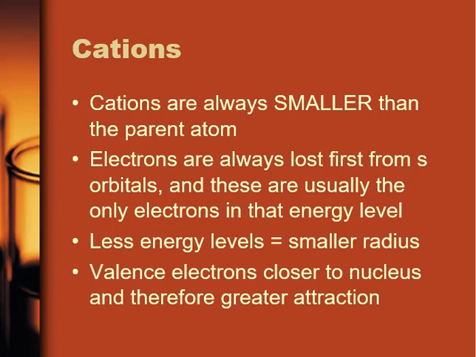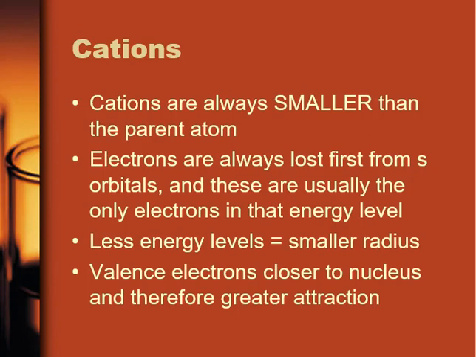Because the valence electrons are now in a closer in energy level, or electron shell, call it what you will, that's going to give the atom automatically a much smaller radius. It also means that the valence electrons are closer to the nucleus, which means we have a greater attraction, and that's going to pull it even smaller. So let me just quickly show you what I'm talking about.